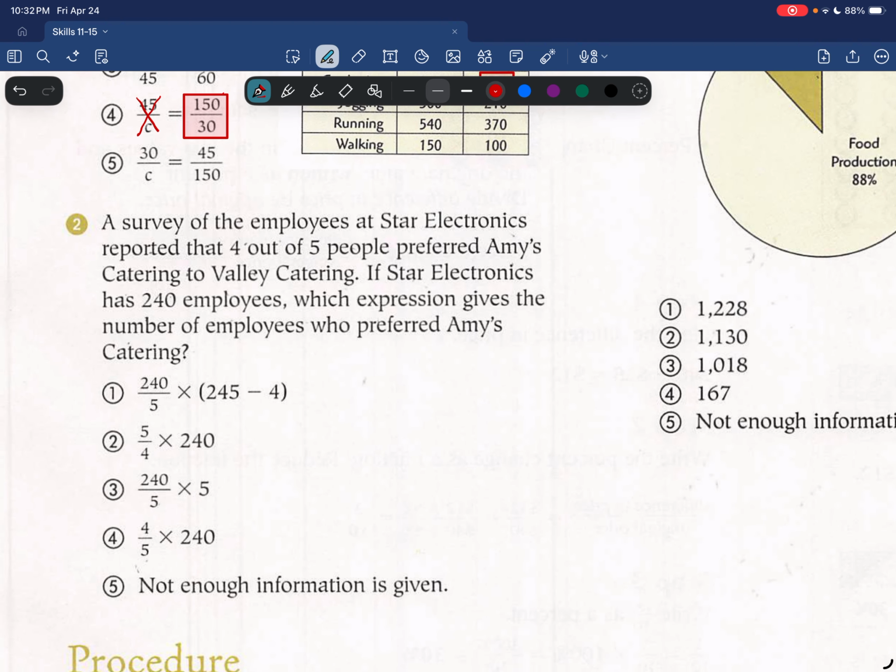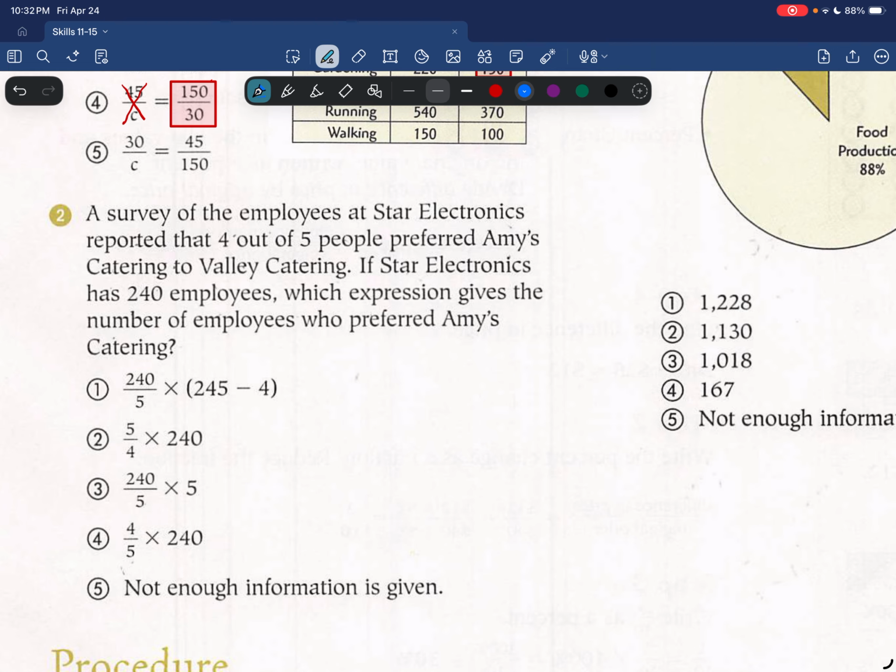A survey of the employees at Star Electronics reported that 4 out of 5 people preferred Amy's Catering to Valley Catering. If Star Electronics has 240 employees, which expression gives the number of employees who preferred Amy's Catering?